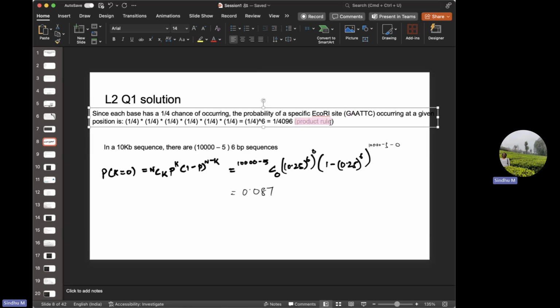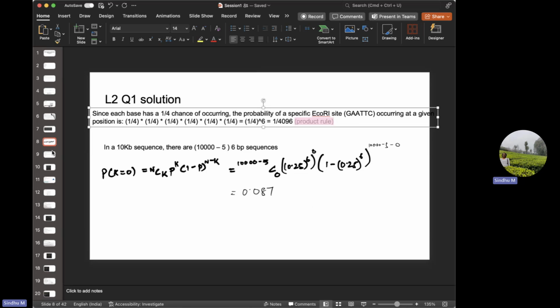For example, the probability of getting G is 1 by 4, and similarly the probability of getting A is 1 by 4, because there are 4 bases, ATGC. So for this 6 base pair sequence, it will be 1 by 4 multiplied 6 times, or 1 by 4 power 6.